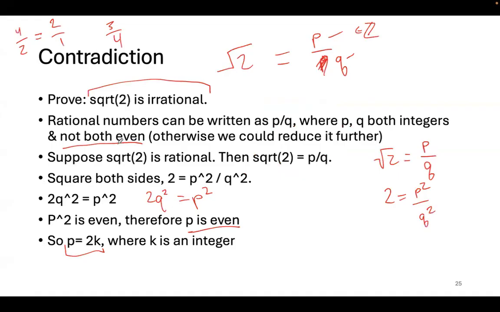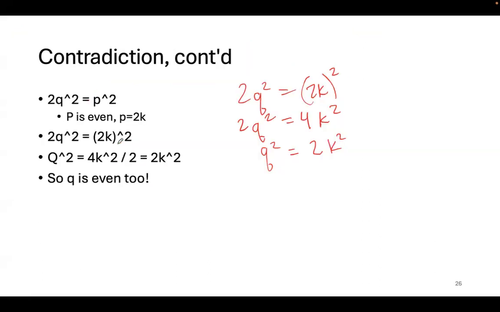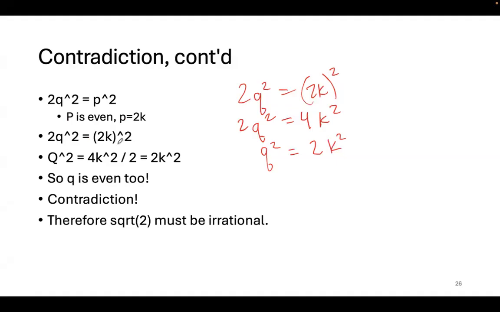That's the thing where we've worked with our assumption up until we get to a point where our assumption has been contradicted. And so because of that, now it allows us to say that the square root of 2 must be irrational.